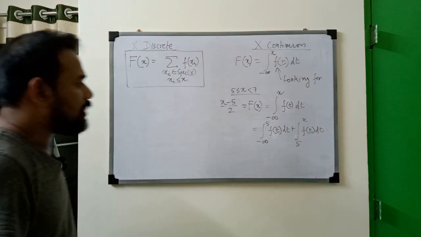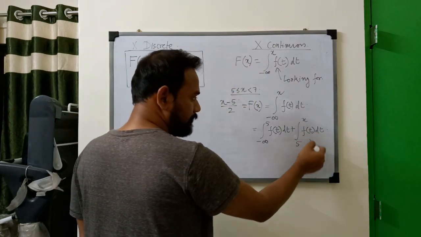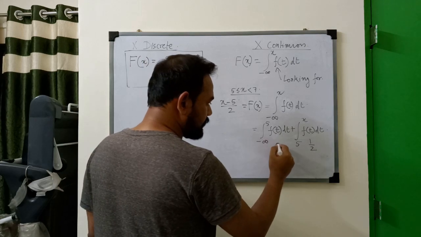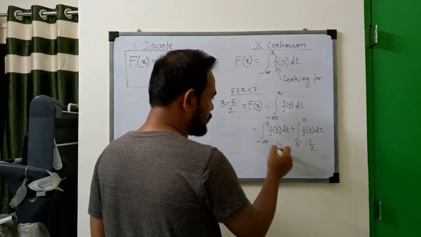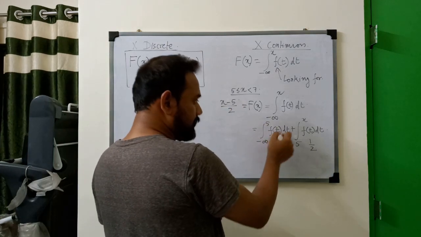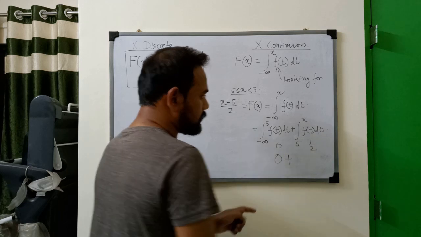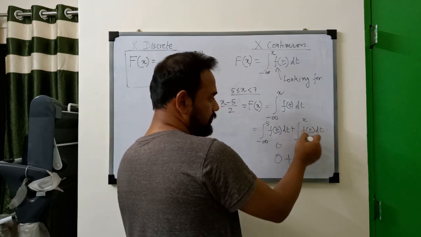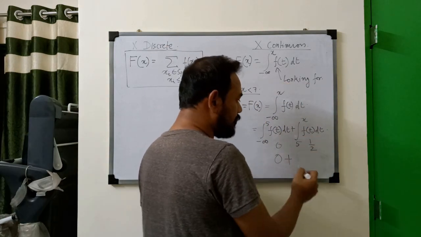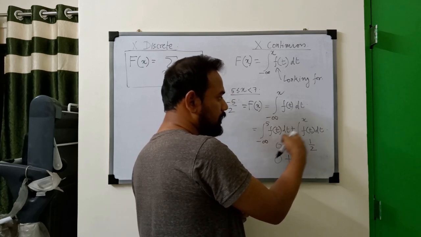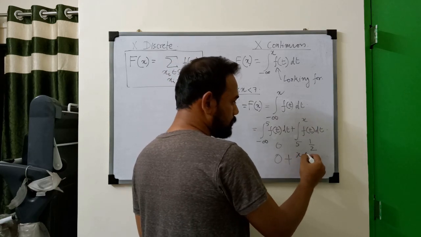Now, if I substitute 0 for f in the first part, there is no contribution, so the integration is 0. Plus, for the second part, if it is half, it's a constant function, so I can take out the half and get x minus 5, because the integral of dt from 5 to x is x minus 5. So x minus 5 by 2.